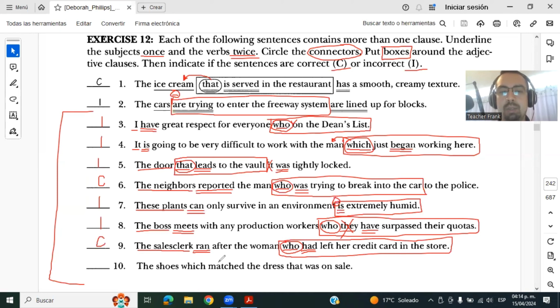Okay, and the last one, number 10: the shoes which matched the dress that was on sale. Okay, so "matched" is going to be the verb here for "which," which is also the connector, right? And you can see that this type of connector is necessary because of the sentence that it's carrying, right? The shoes which match the dress.